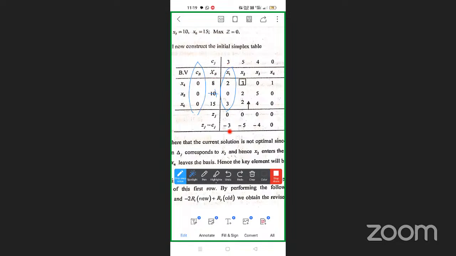Then X2 also the same: 0 into 3, 0, 0 into 2, 0, 0 into 2, 0, adding these three terms, 0 plus 0 plus 0, minus 5. X3 also the same: 0 plus 0 plus 0 minus 4, so this is minus 4. The remaining are also all zeros.